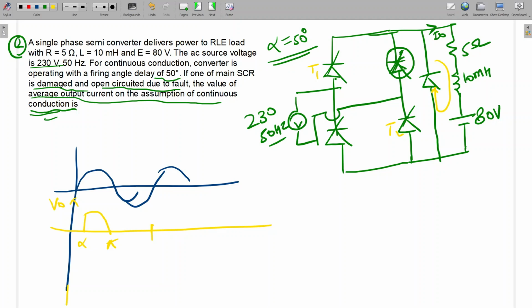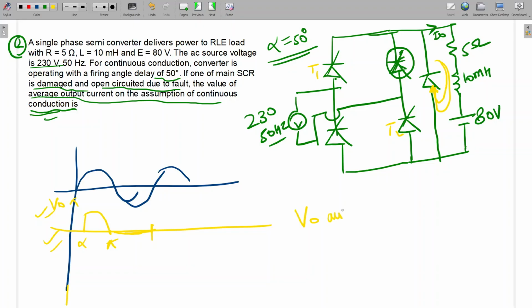Clear, sir. If the fault were not there, the waveform would appear here also. But since the fault is there, this voltage will not appear, but the current needs a path. So the current will flow through this freewheeling diode, and this voltage will be zero for this whole duration. From this waveform we can calculate the average output voltage.